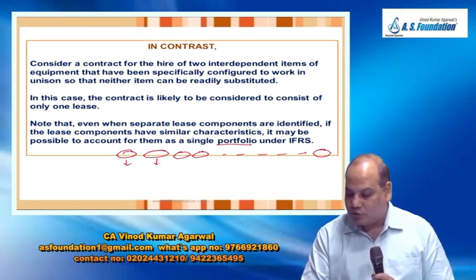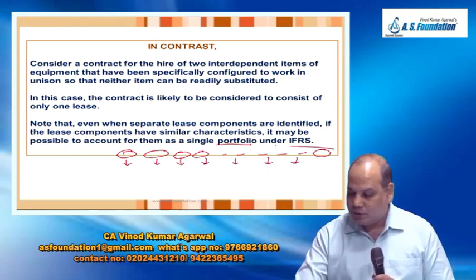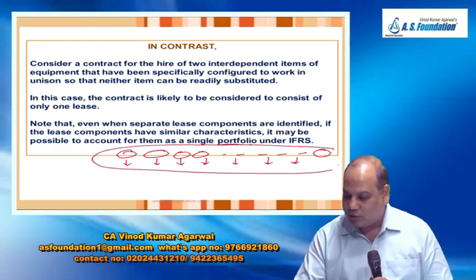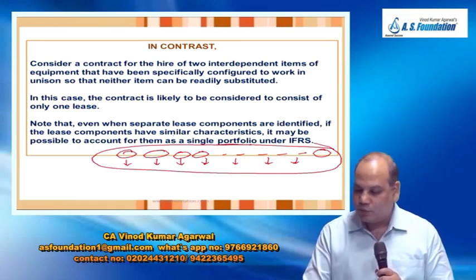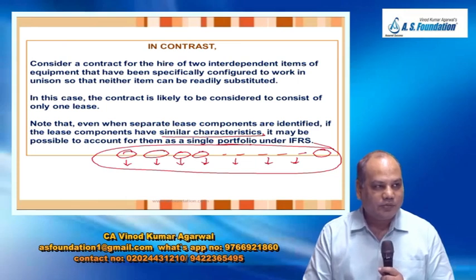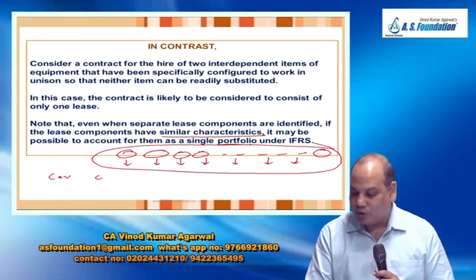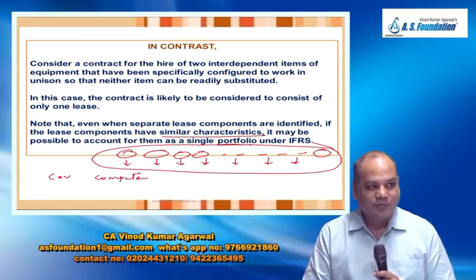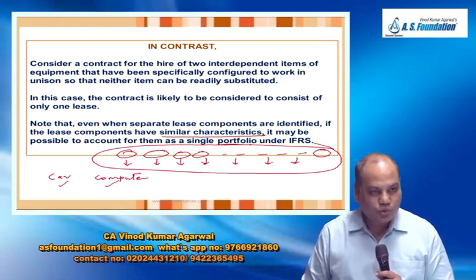Even though each of them is separately identifiable and can be used independently, the standard says you can use the portfolio approach. But for the portfolio approach, they must have similar characteristics. If you've taken a car and a computer in one contract as a lease, can you show it as one lease? No. Then you have to show 2 lease components.